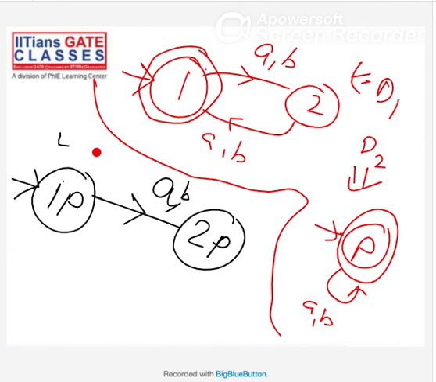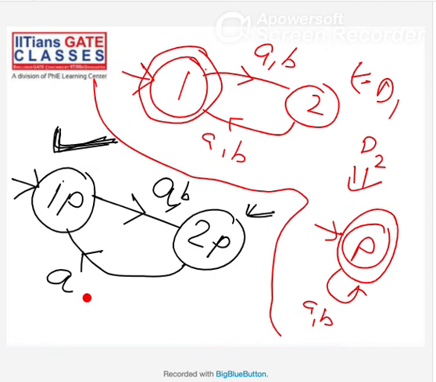Now this 1p is done, because from this state you have completed transitions on all the input symbols. Let's cover 2p. From 2p, where will you go on A? You will go to 1p.